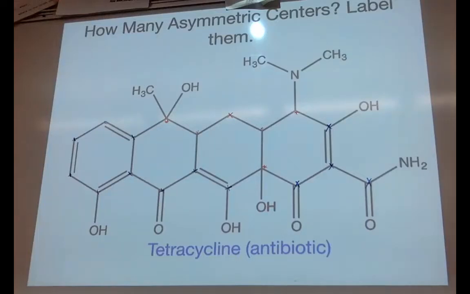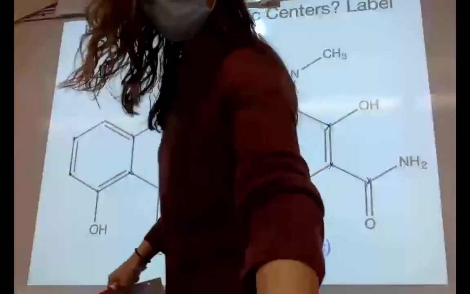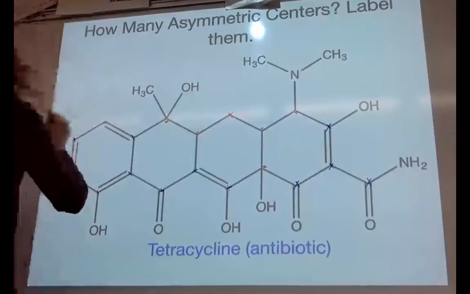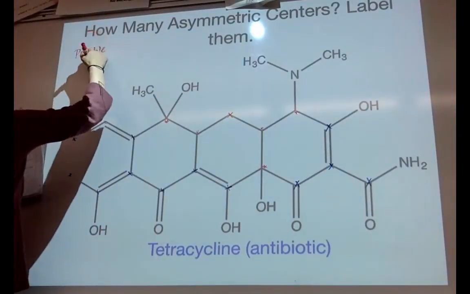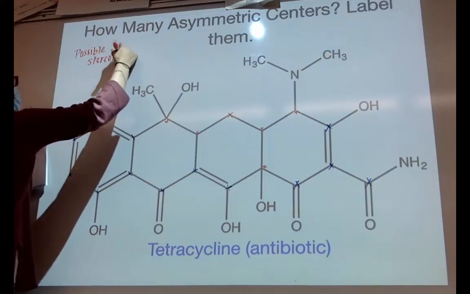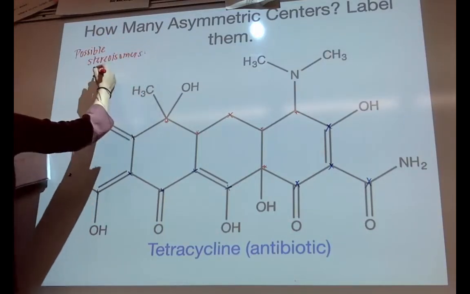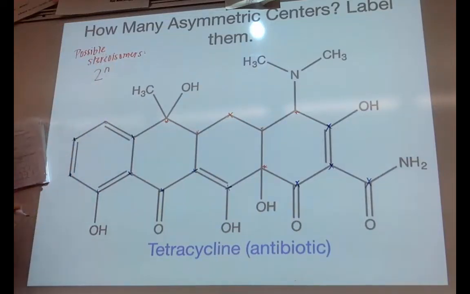Now, when it comes to how many stereoisomers we could have, possible stereoisomers, we have 2 to the n. If we're looking at how many combinations of wedges and dashes we have, we could make one substituent a wedge, one a dash, and the other 2 are in the plane.